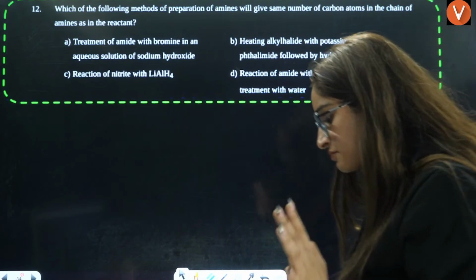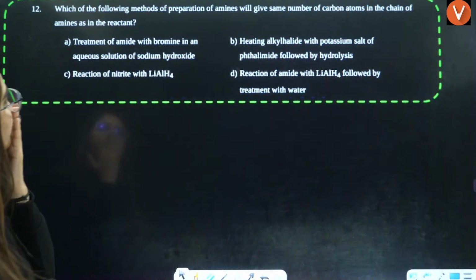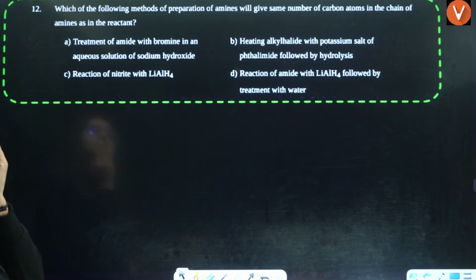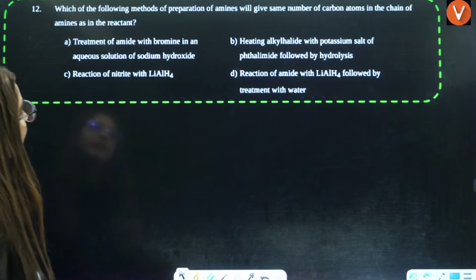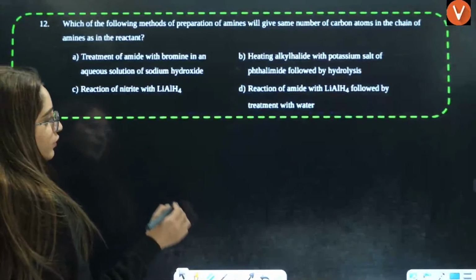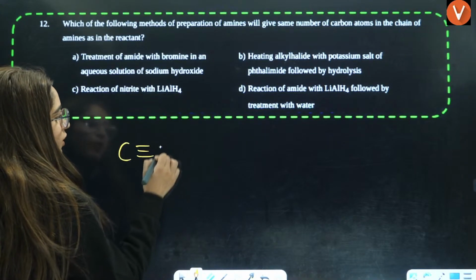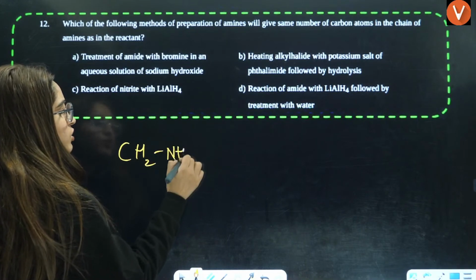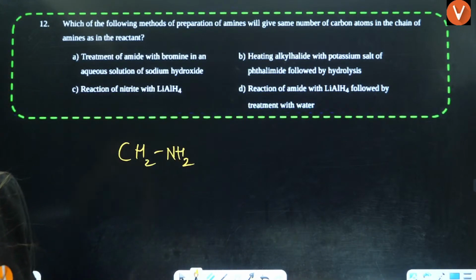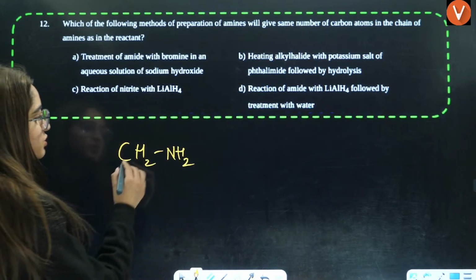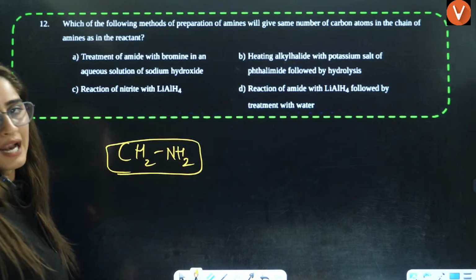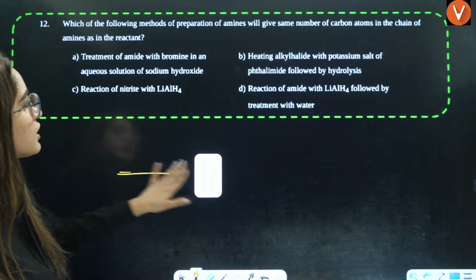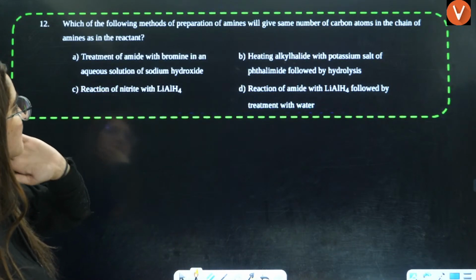If you react this with the C triple bond N reaction of nitrile, it will give you CH2NH2. So that means it is going to increase. One increment will be there.